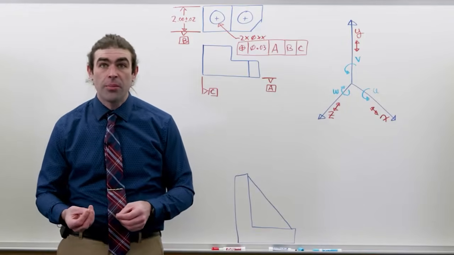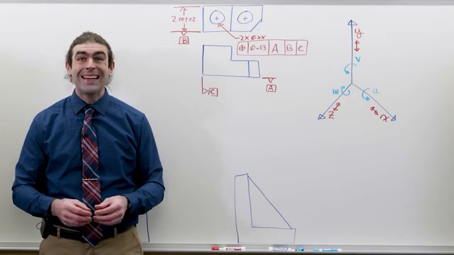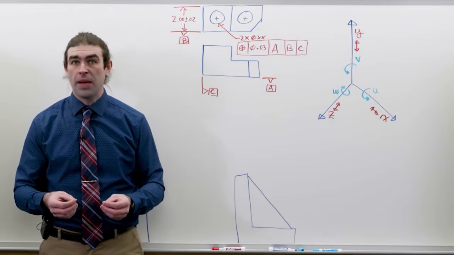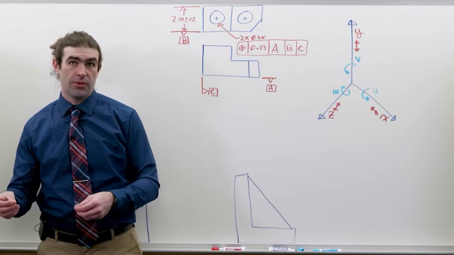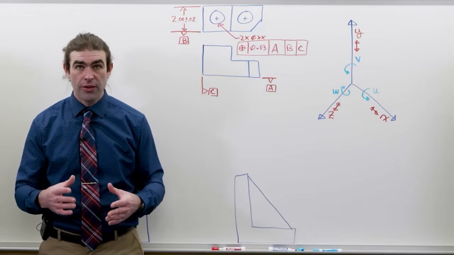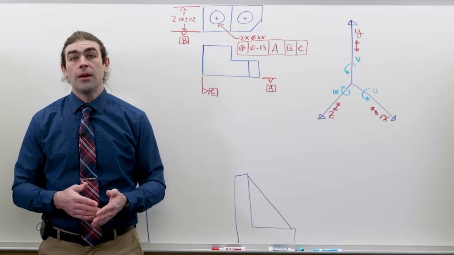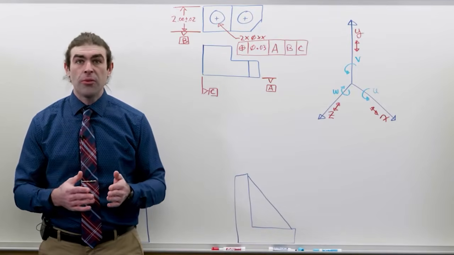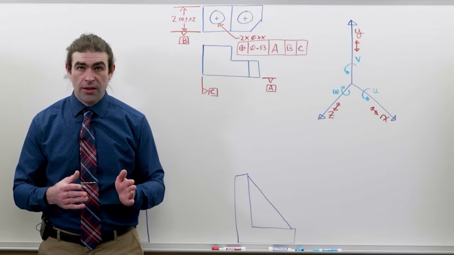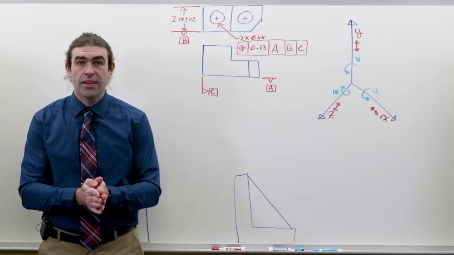The next concept I want to talk about is true geometric counterpart. This is kind of like actual mating envelope, but for datums. The true geometric counterpart is a perfect shape that's the opposite of the datum. So if your datum is a flat plane on the part, the true geometric counterpart is a perfect flat plane that touches it.